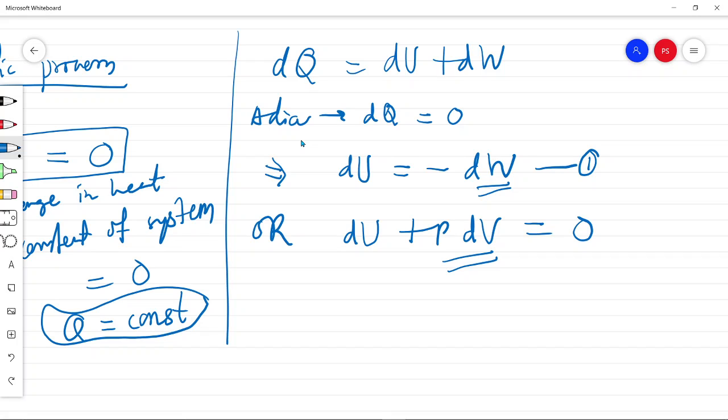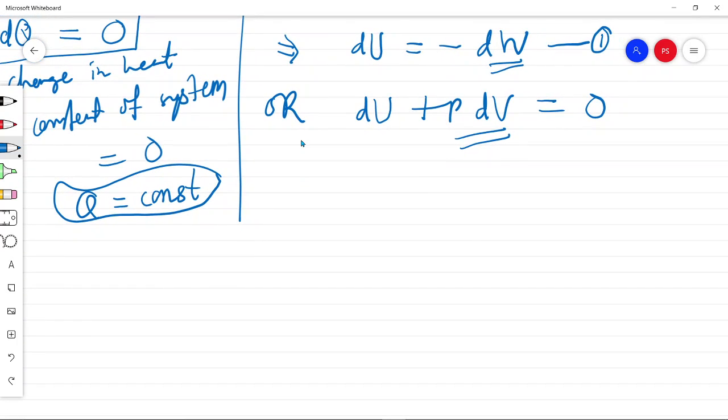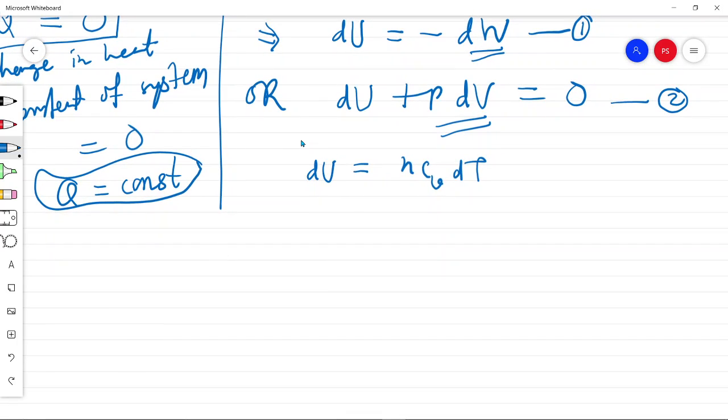Now we will use the definitions derived while discussing Mayer's relation. We have seen that du is nCv dT. So this equation 2 becomes nCv dT plus PdV is equal to 0.